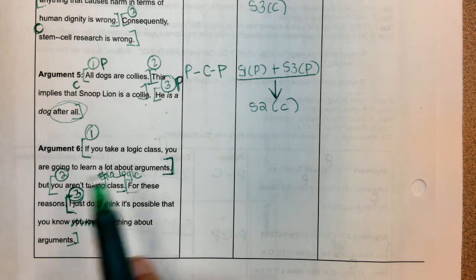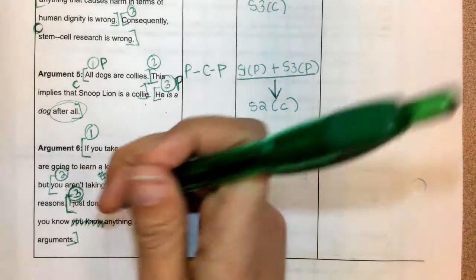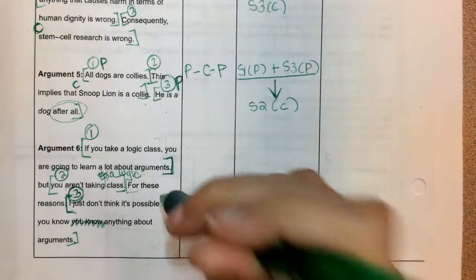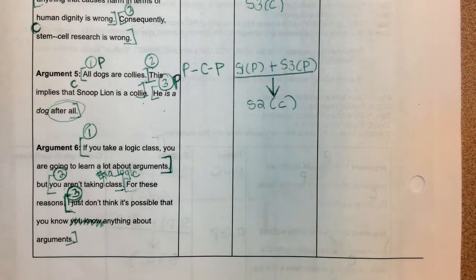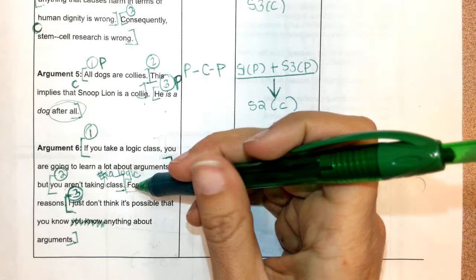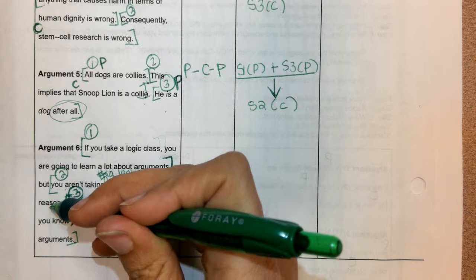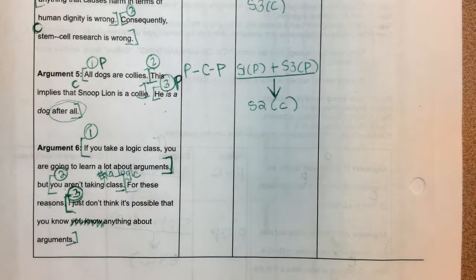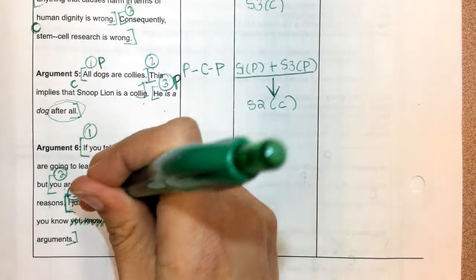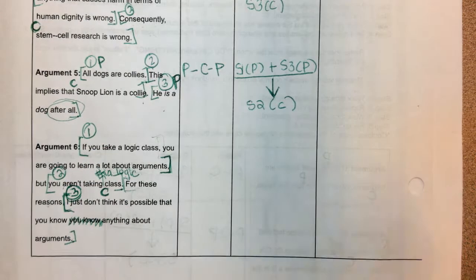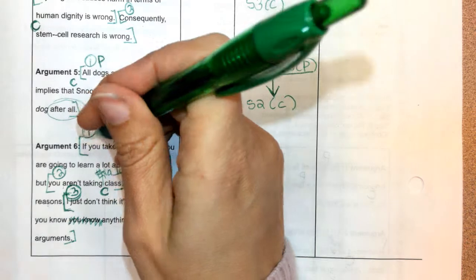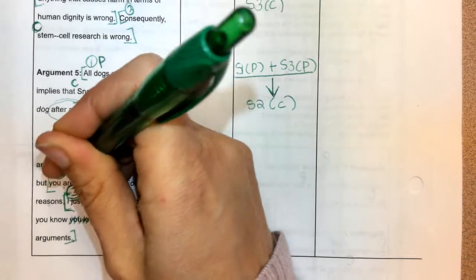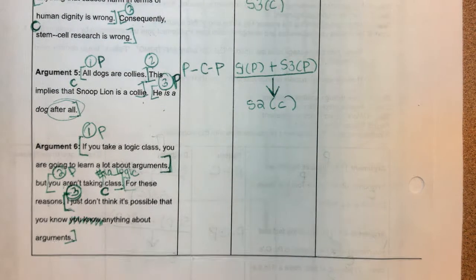For these reasons means, here comes my conclusion. It means I've already given you my premises. Here comes my what? Conclusion. So again, this says I've already presented my premises to you. Now let me give you my what? Conclusion. So by process of elimination, we are going to say that this is a premise and that this is a premise.